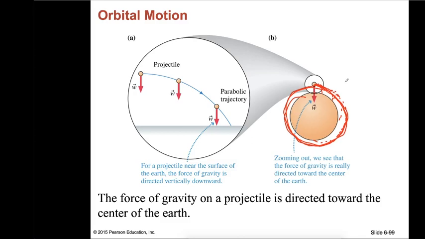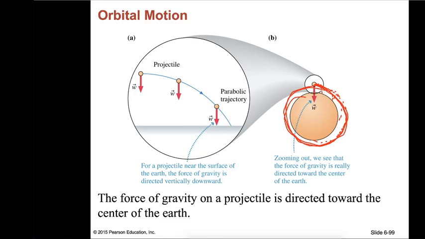So it becomes orbital or circular motion. So there's nothing special about launching a satellite. The mechanism behind that is very simple.